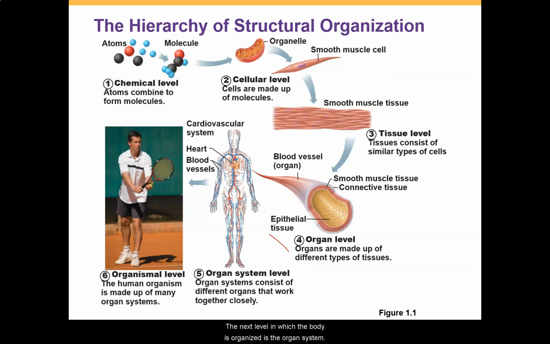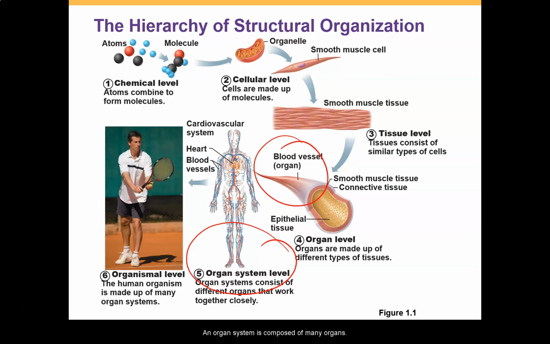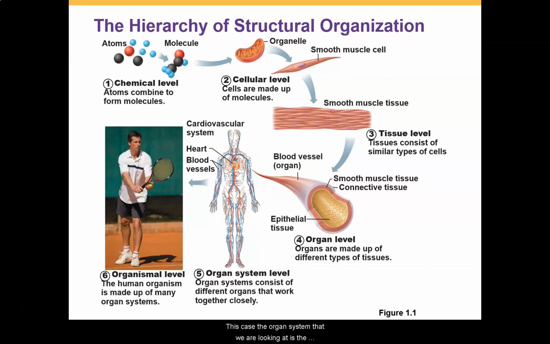The next level in which the body is organized is the organ system level. An organ system is composed of many organs. So organs coming together give rise to the organ system level. In this case, the organ system that we are looking at is the cardiovascular system. The cardiovascular system is composed of the heart, blood vessels, and of course, blood inside of the blood vessels.